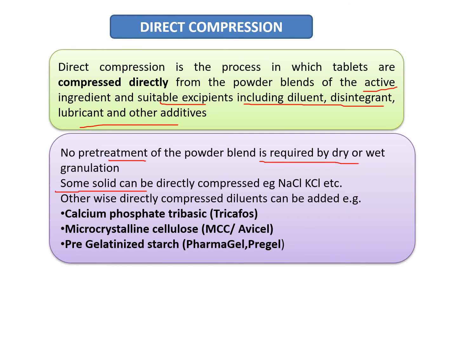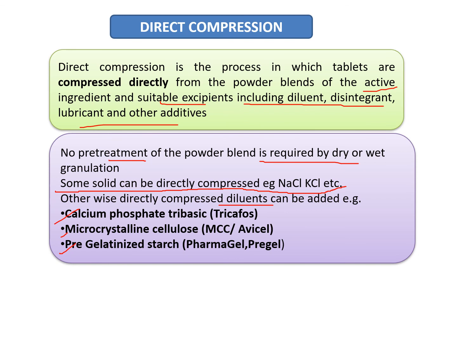Some solids can be compressed directly, like sodium chloride and potassium chloride. In case the drug cannot be compressed directly, we can use directly compressible diluents like calcium phosphate tribasic, trichophos, microcrystalline cellulose, MCC or Avicel, pre-gelatinized starch, also called as Pharmagel or Pregel.